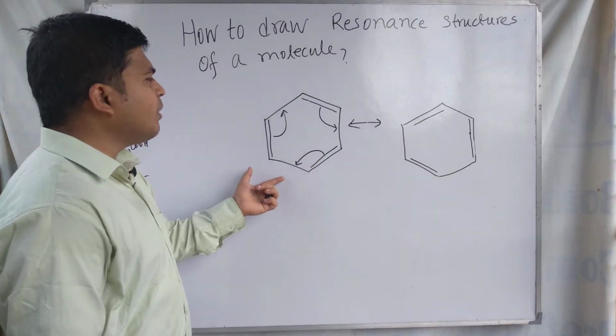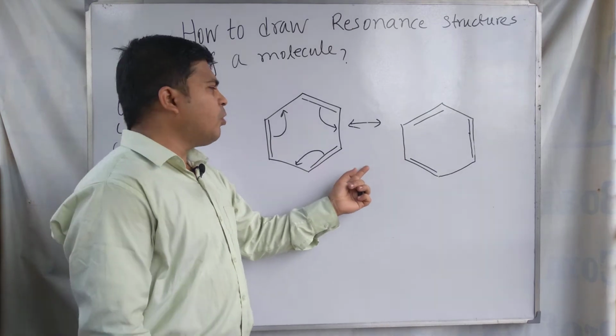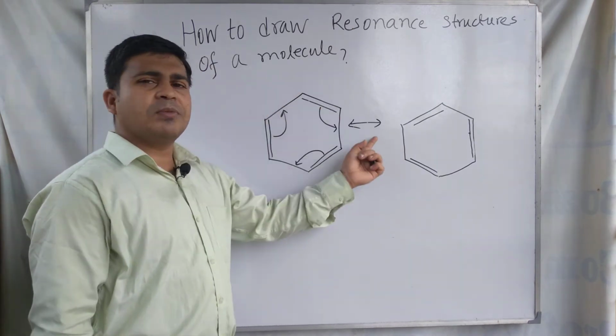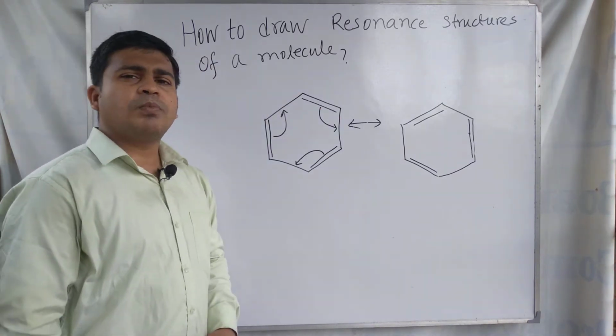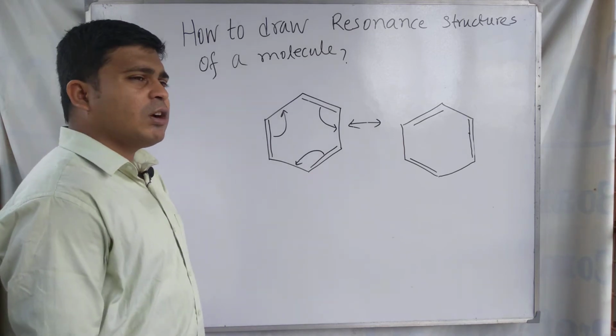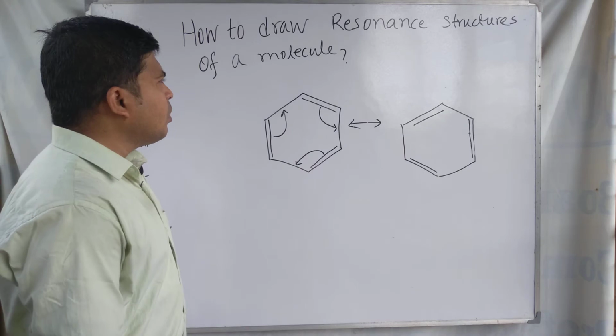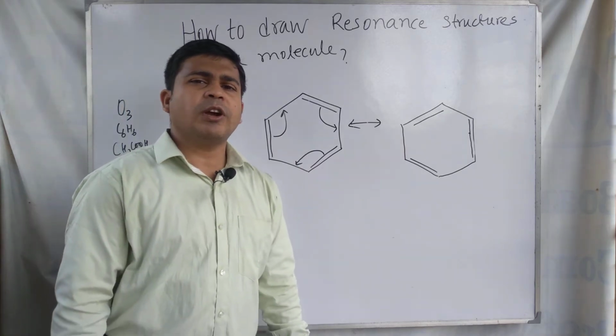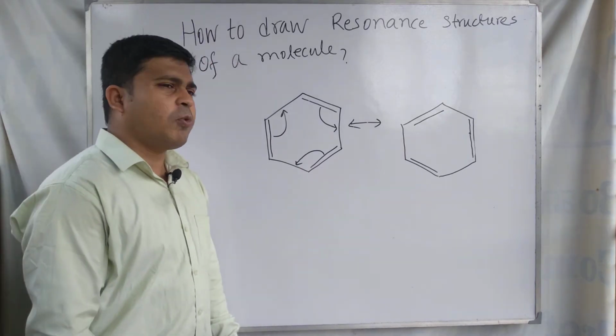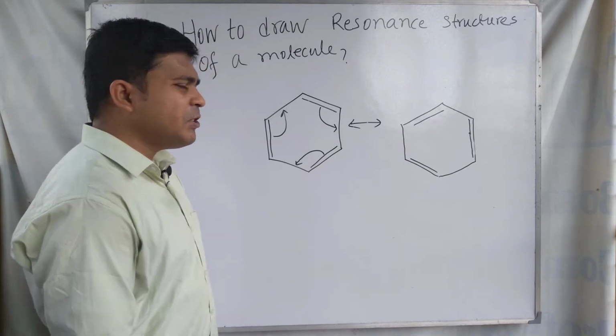So for this type of molecule like benzene, a number of possible structures are present. For molecules where more than one structure is possible, we can draw resonating structures.